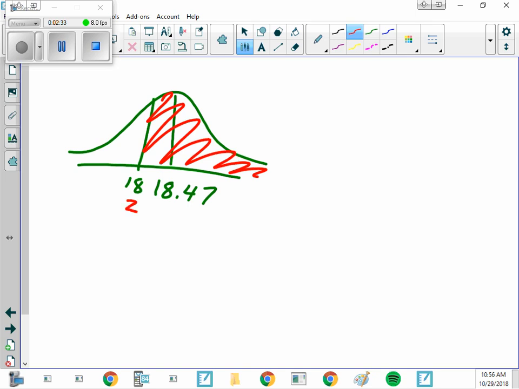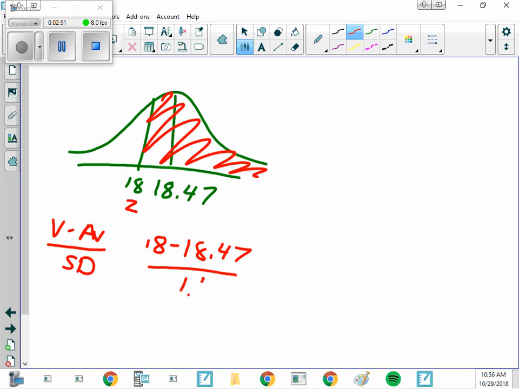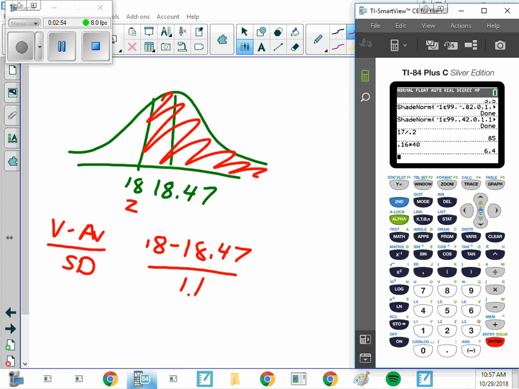I need the z-score for 18. How do we find z-score? We do value minus average over standard deviation. So 18 minus 18.47 divided by 1.1. 18 minus 18.47 gives me negative 0.47. Divide that by 1.1.